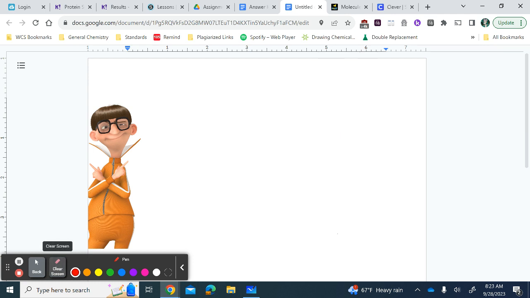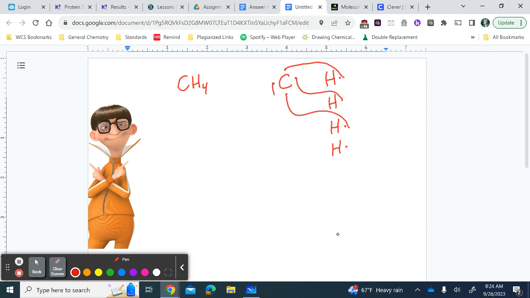Another example we've been working through pretty regularly is CH4, or methane, carbon tetrahydride. Carbon, we know, has 4 valence electrons. Hydrogen each has 1 valence electron. When we do these chemical bonds or these connections between our valence electrons, we know we have a molecule where carbon is attached to hydrogen.